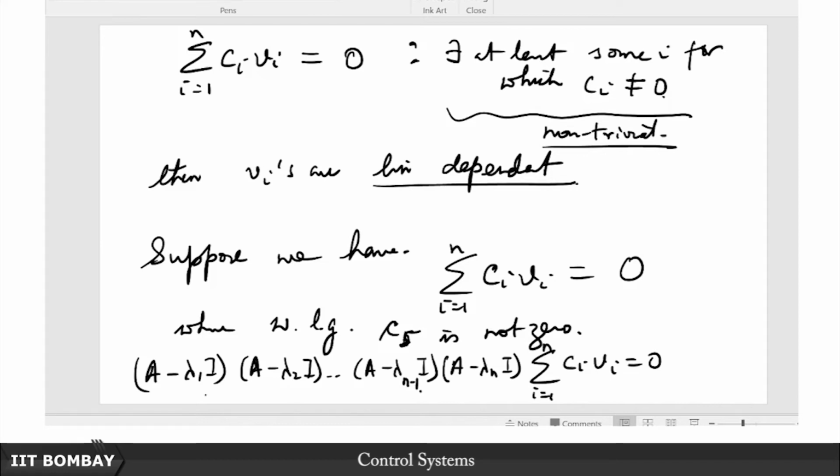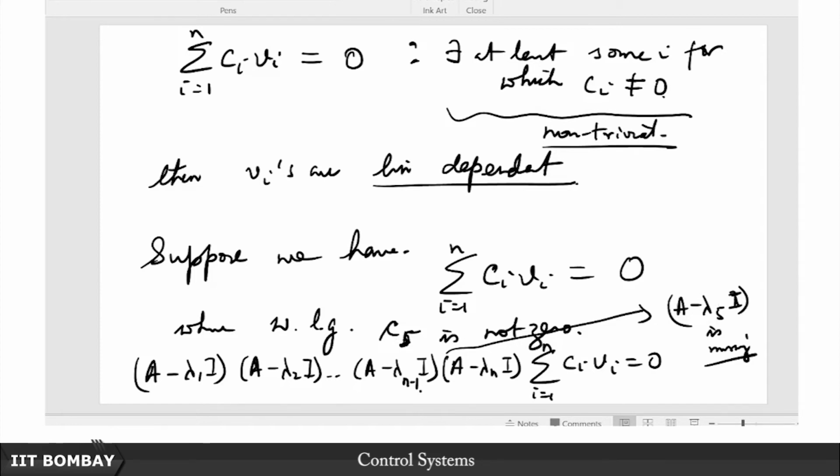So remember in this product, if I have not mentioned it here, A minus lambda 5 I is missing. Whichever one I have considered to be non-zero, at least that C5 I have considered to be non-zero, so A minus lambda 5 I is missing.